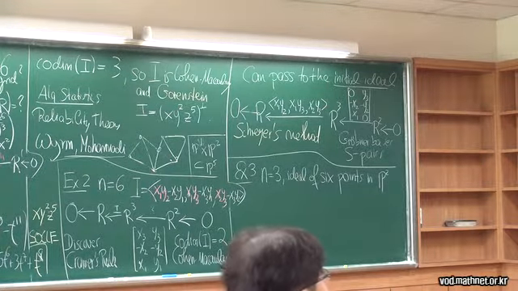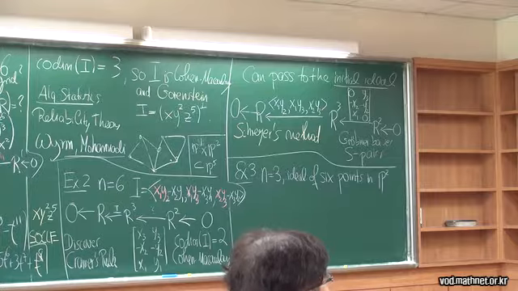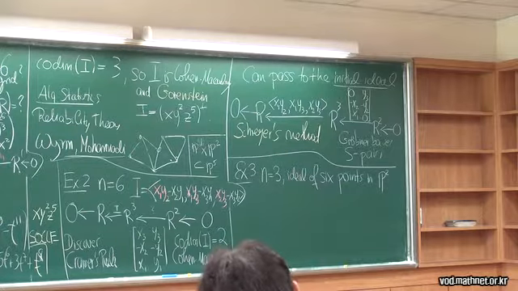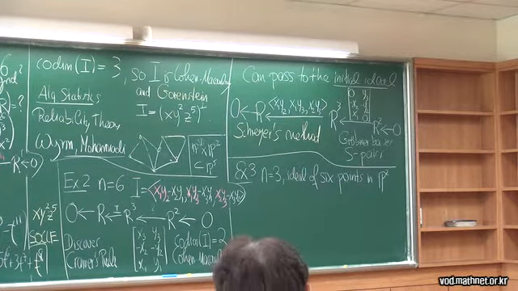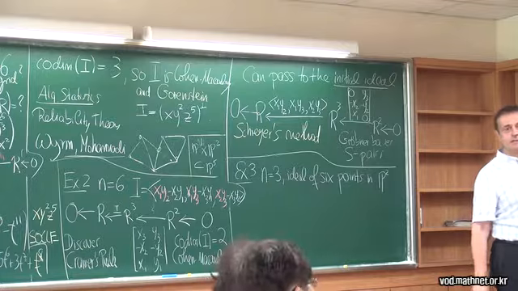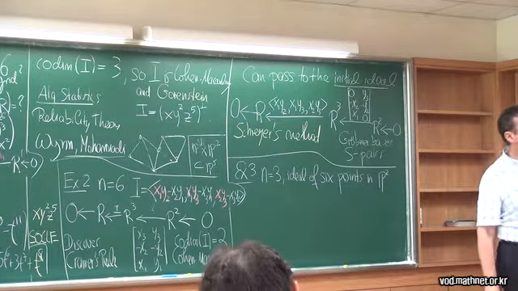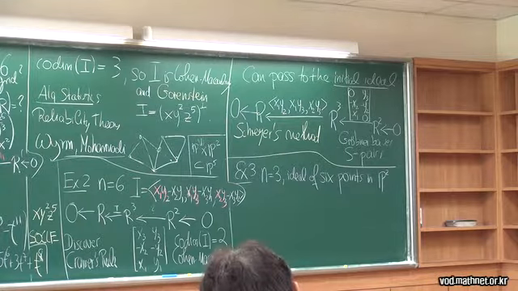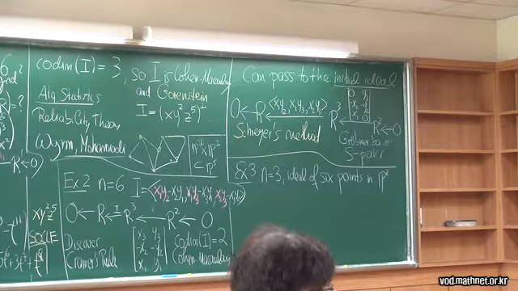Okay? So how would we write down the ideal of these 6 points in the plane? Now the first thing we always do, in this game, whenever possible, we work in projective space. So we write down homogeneous coordinates. So in yellow I have the homogeneous coordinates for these 6 points. So this is x, y, and z. So this is a picture in the yz plane. In the affine, this is the yz plane.